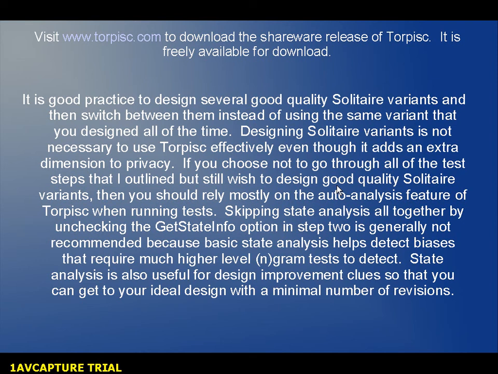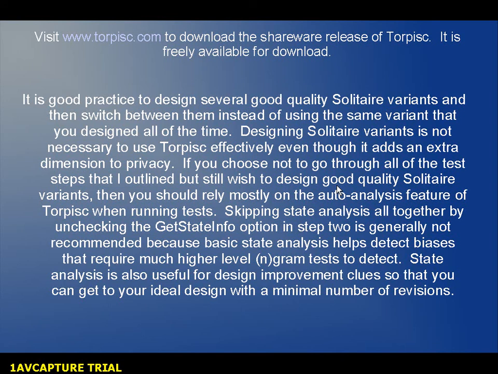So if you do not choose to go through all of the test steps that I outlined, but still wish to design good quality Solitaire variants, then you should rely mostly on the auto-analysis feature of Torpisc when you are running tests.